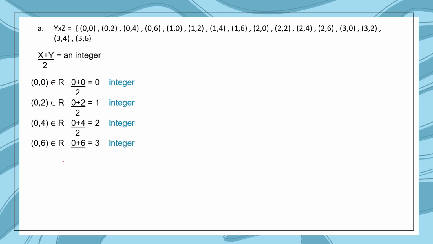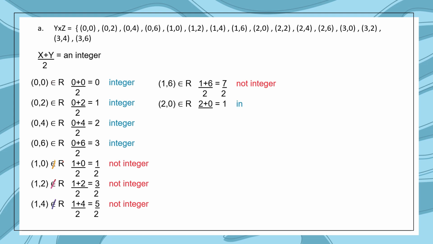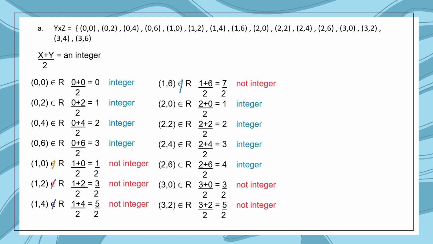We have here (0,0) is an element of R because 0 plus 0 over 2 is equal to 0 and 0 is an integer. (0,2) is an element of R because 0 plus 2 over 2 is equal to 1 and 1 is an integer. (0,4) is an element of R because 0 plus 4 over 2 is equal to 2 and 2 is an integer. (0,6) is an element of R because 0 plus 6 over 2 is equal to 3 and 3 is an integer.